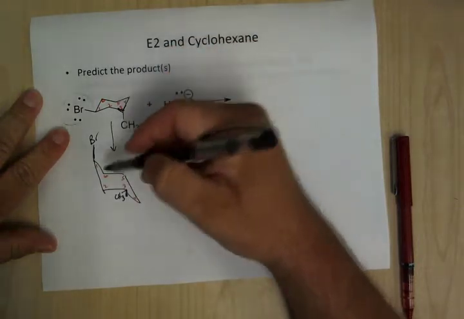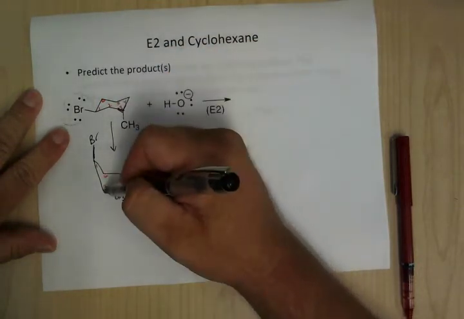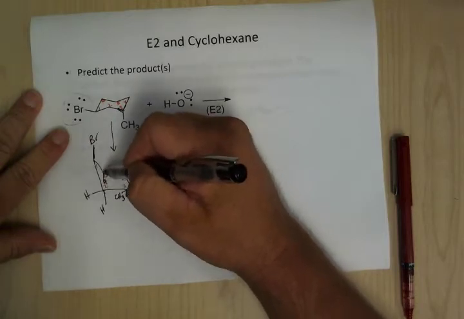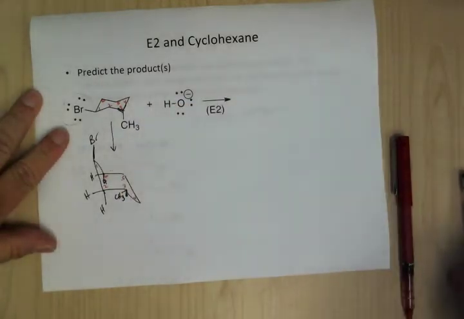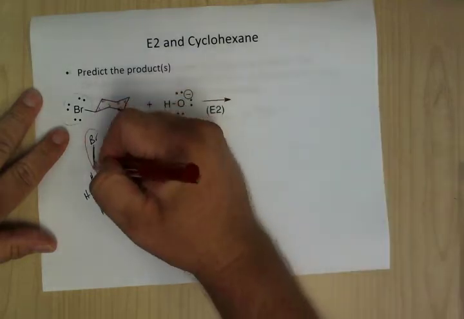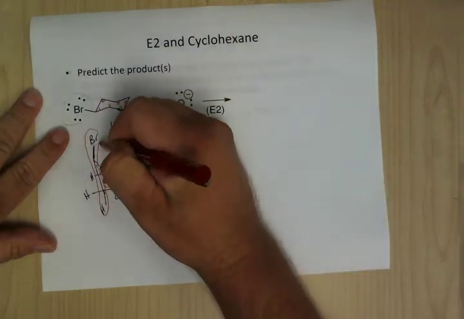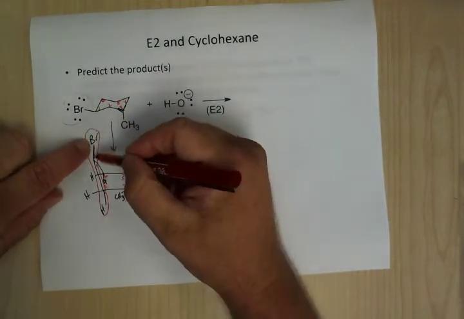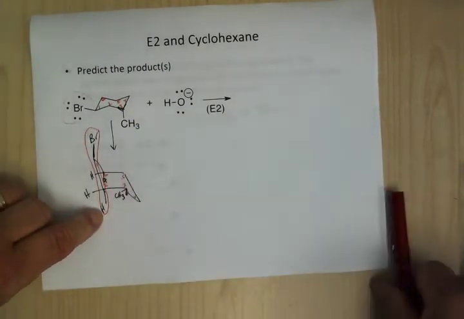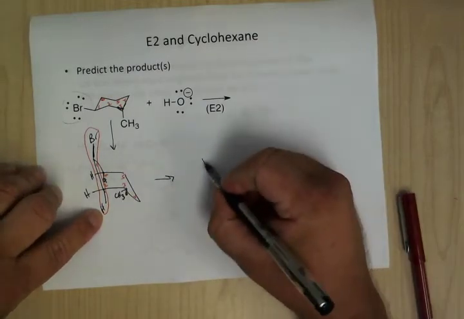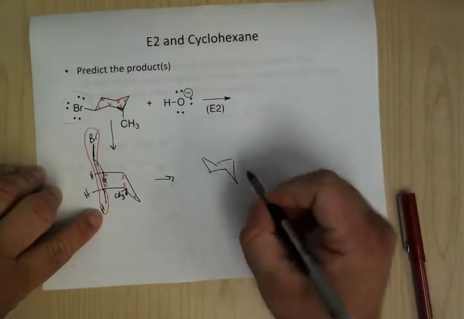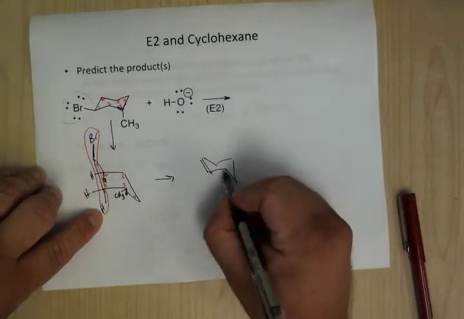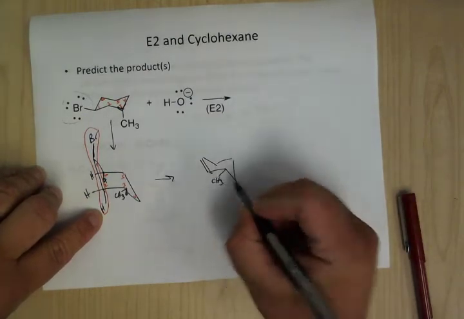Okay. So for here, there's an axial and equatorial hydrogen. Same thing here. There's a hydrogen on this side as well. Well, if we go on this side, there's a bromine axial up, there's a hydrogen axial down, so that's going to make the double bond here, in your equatorial CH3.